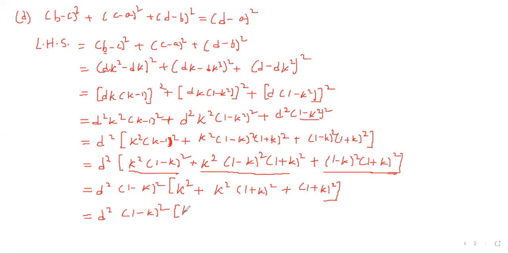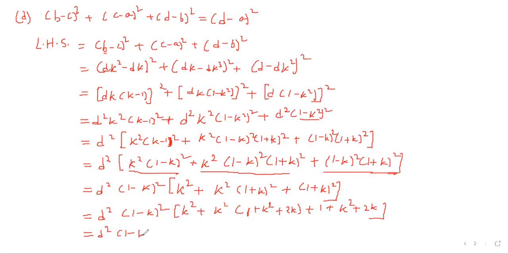Now we have to expand this bracket. k square plus k square into this (1 plus k) whole square is (1 plus k square plus 2k), plus again this (1 plus k) square is 1 plus k square plus 2k.